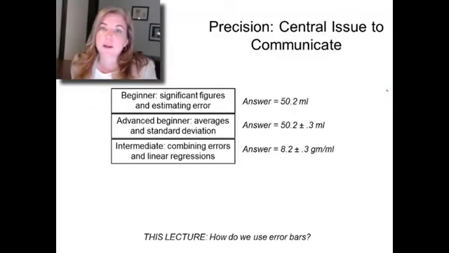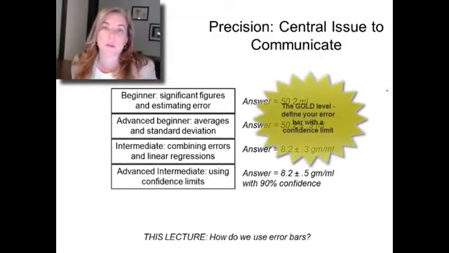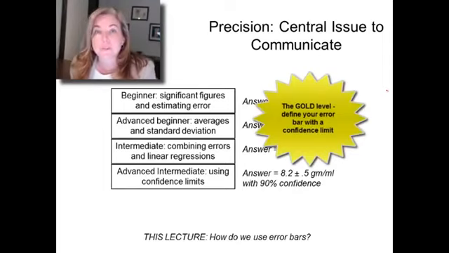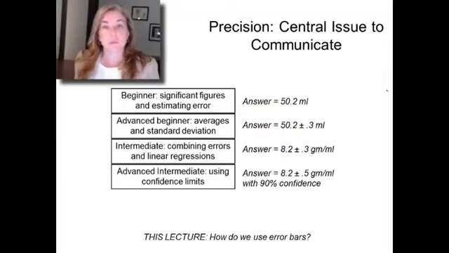Then we talked about combining error and finally about reporting error in terms of a confidence limit, which takes into account both how many measurements led to our error bar as well as how confident we are that the true value lies within the bounds that we provide from the errors. So let's get into how we use error bars, however it is we arrived at them.